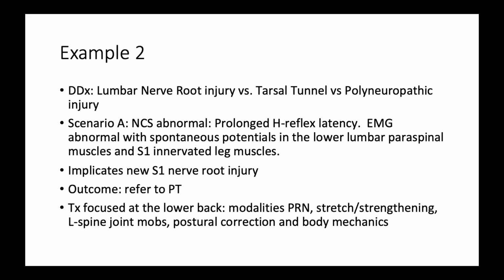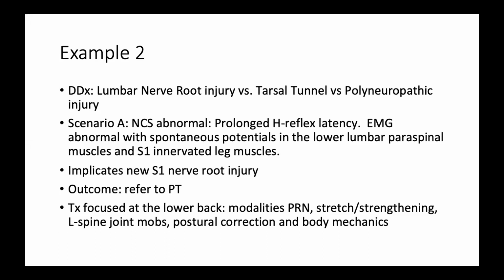Treatment could be focused at the low back area, again, modalities as needed for pain or for stabilization, muscle strengthening, and stretching, not only of the lumbar spine but also the lower extremity muscles.